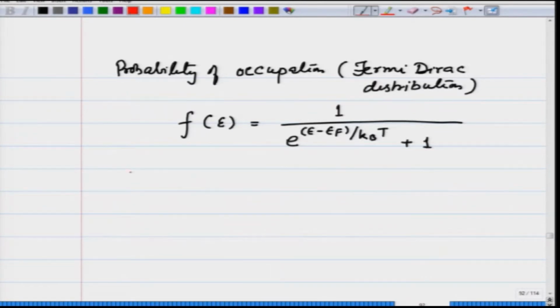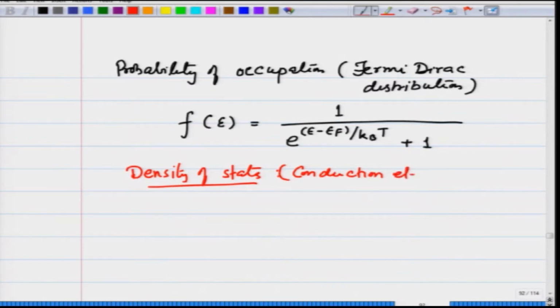The density of states for the conduction electrons, so let me write this, is going to be like free electron density of states. Let me show you how. So, I have this band, the conduction band, which is filled only near the bottom.